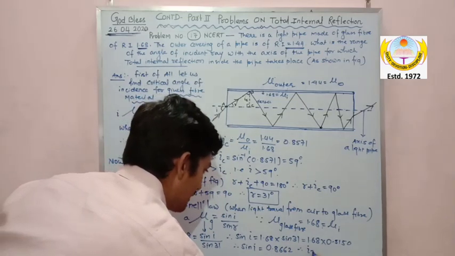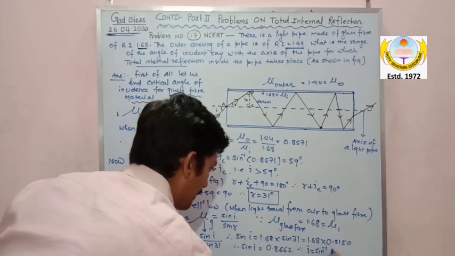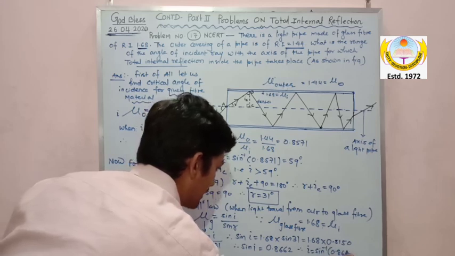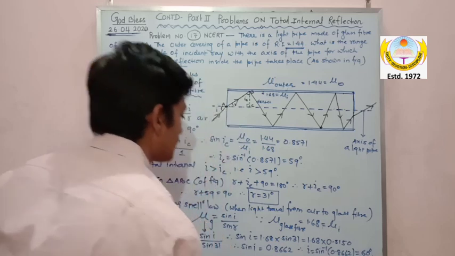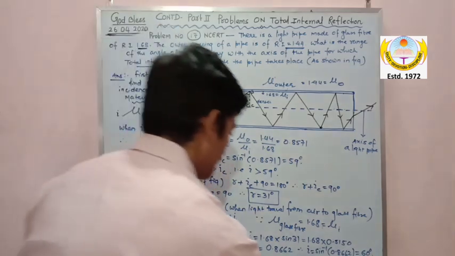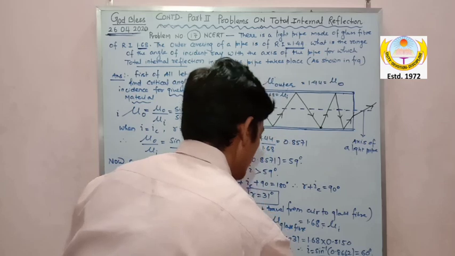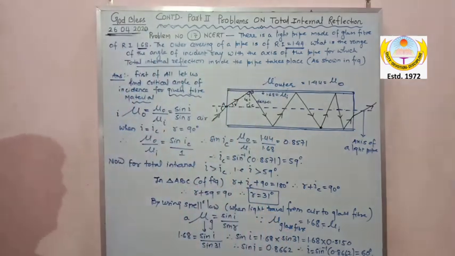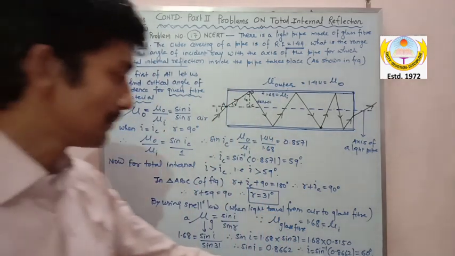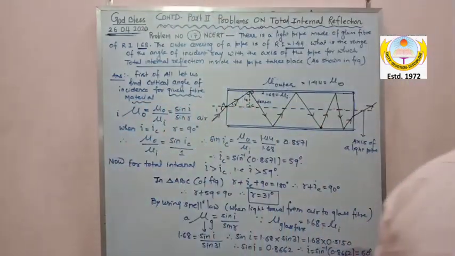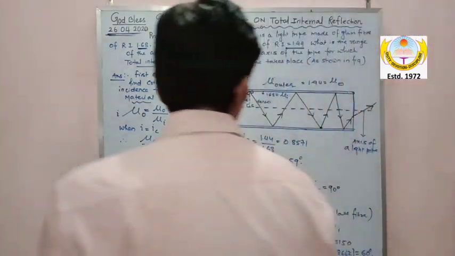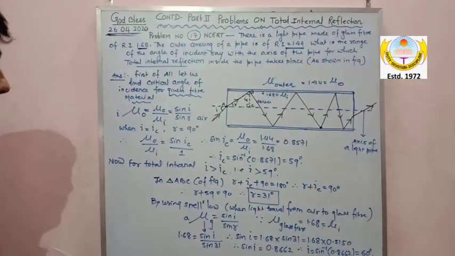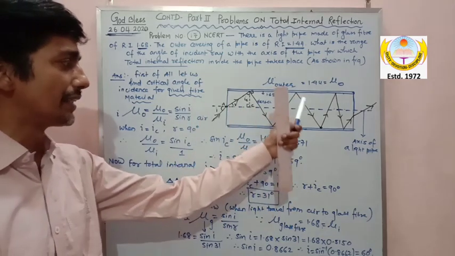Therefore, I is equal to sine inverse of 0.8662, which is nearly 60 degree, my dear. So I hope it is clear that the angle of incidence in the air medium should be 60 degree, my dear. Am I clear? To have total internal reflection.